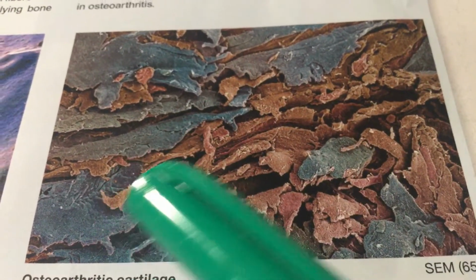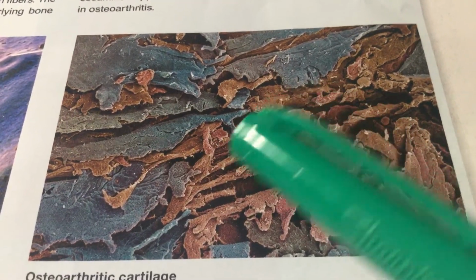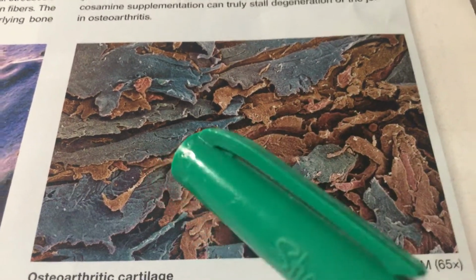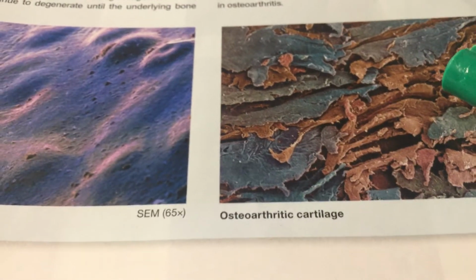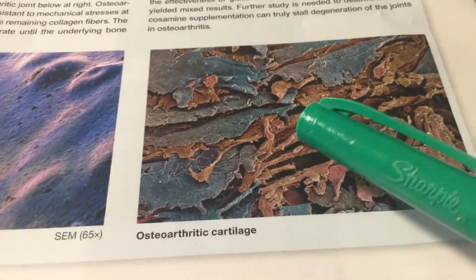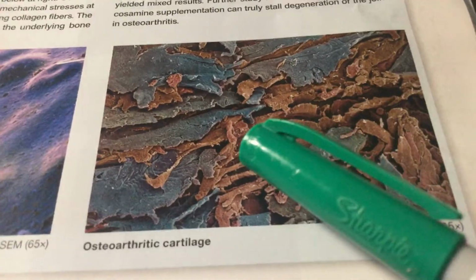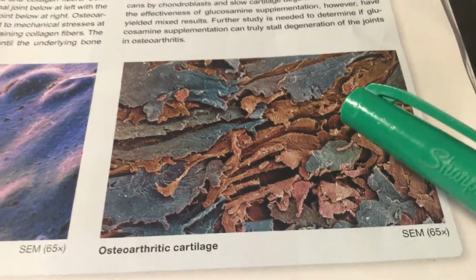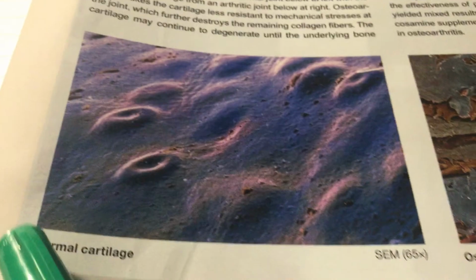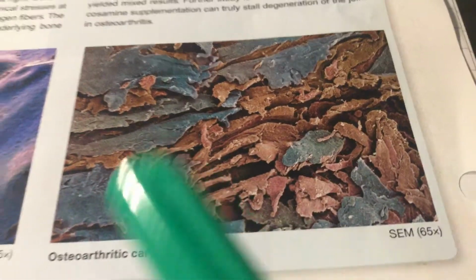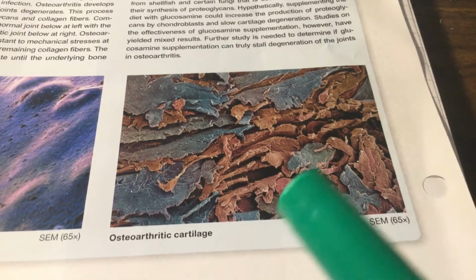But this takes time. It's a gradual process to get to this point. The underlying bone and the cartilage continue to degenerate until they become worn out. Here you can see that the cells are getting deteriorated and broken.